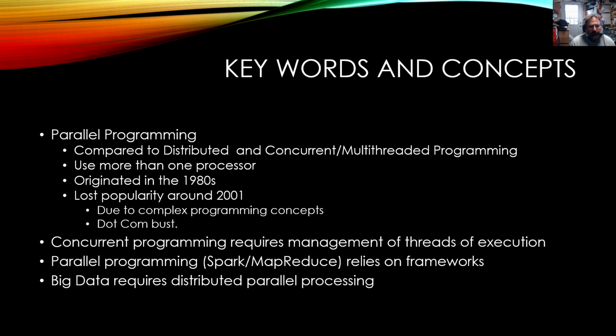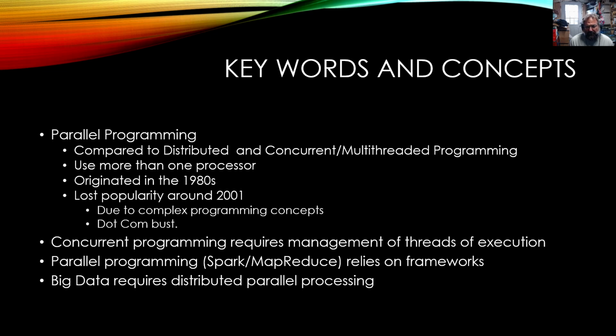Parallel programming and concurrent programming, it's almost semantics, but not quite. Concurrent programming is what we would historically have referred to as multi-threaded programming. So things are running on a single computer. They may be running with multiple threads of execution concurrently at the same time, right? So you have potentially things happening at the same time, but it's all on the same computer, sharing the same memory.